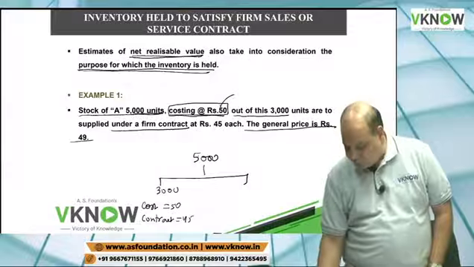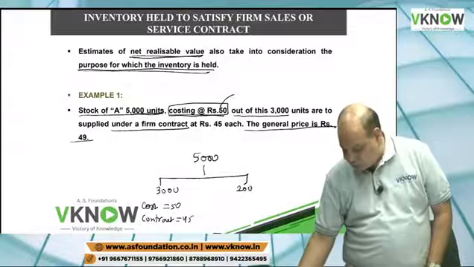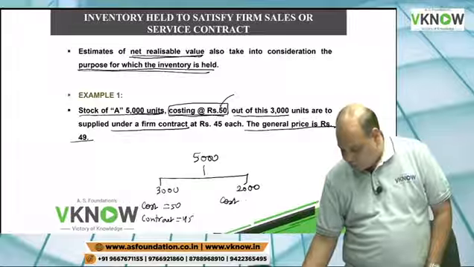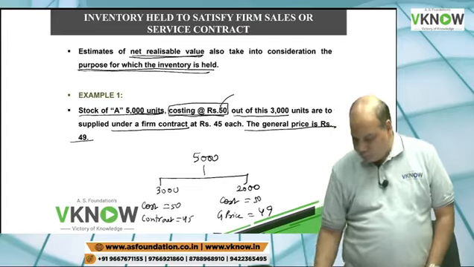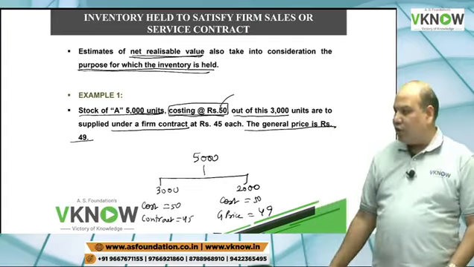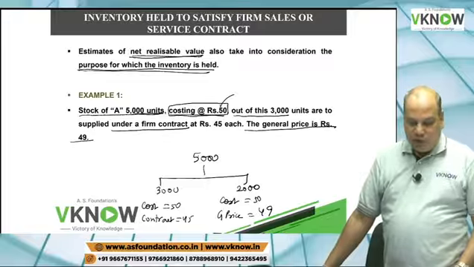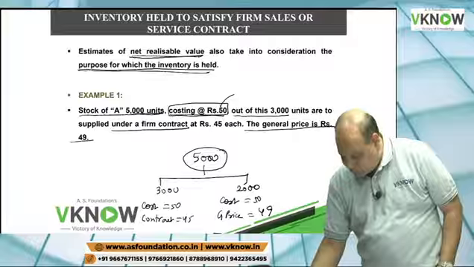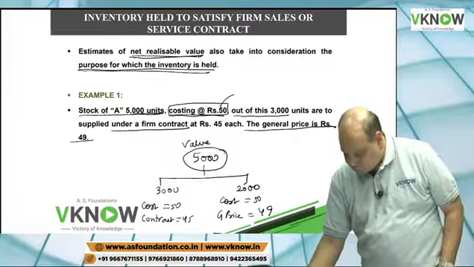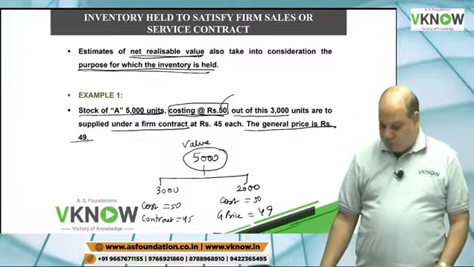The general price is 49. For the remaining 2000 I will apply cost 50 and general price level 49. So what will be the value of closing stock?